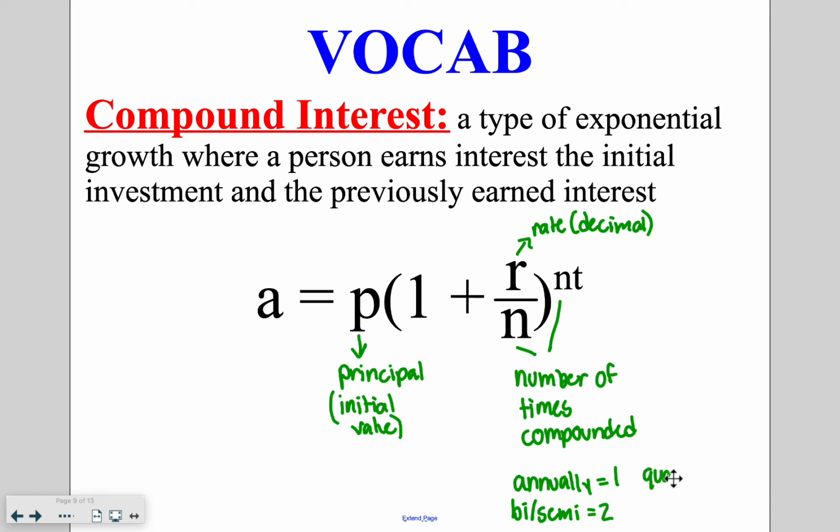If it happens quarterly, that is going to be 4 times per year, and monthly is going to be 12 times per year. It could give you other specific times, so if it specifically said it is compounded 3 times in a year, you would use 3 for n. So n can be any number. These numbers are just the most common that are used when compounding interest.